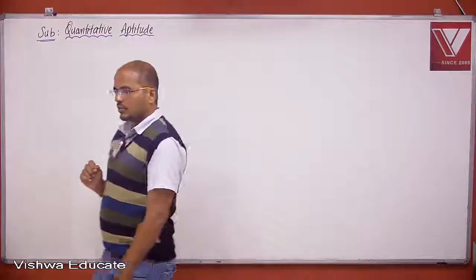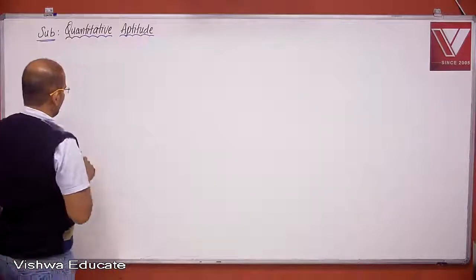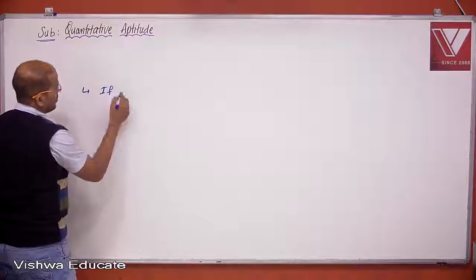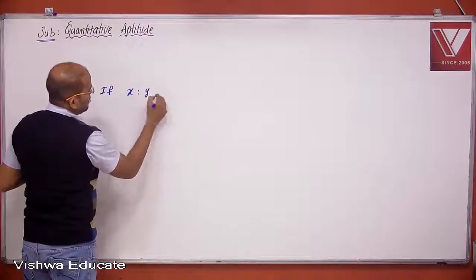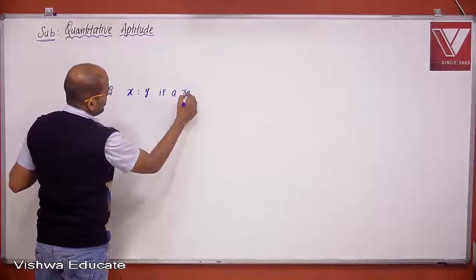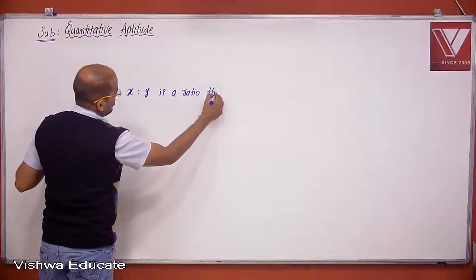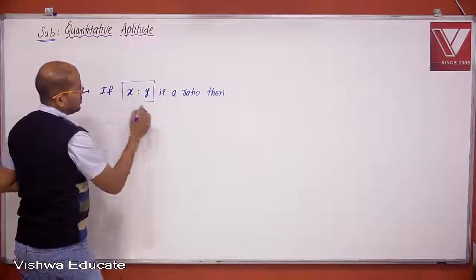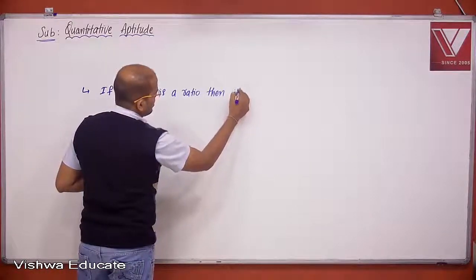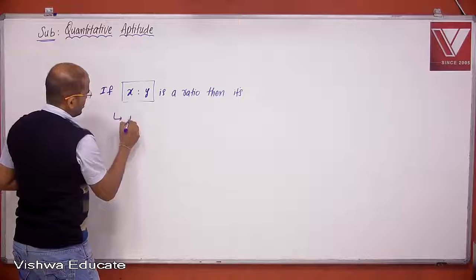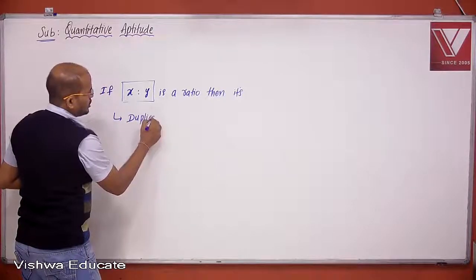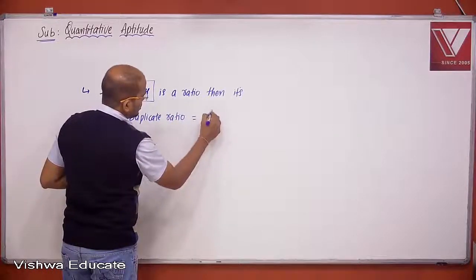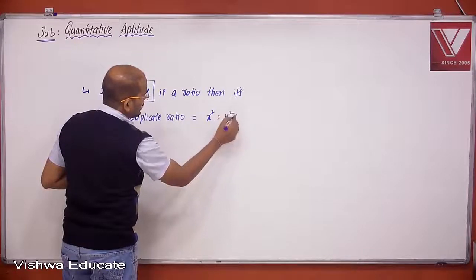Now, let us learn few things like if x is to y is a ratio, then its duplicate ratio is x square is to y square.